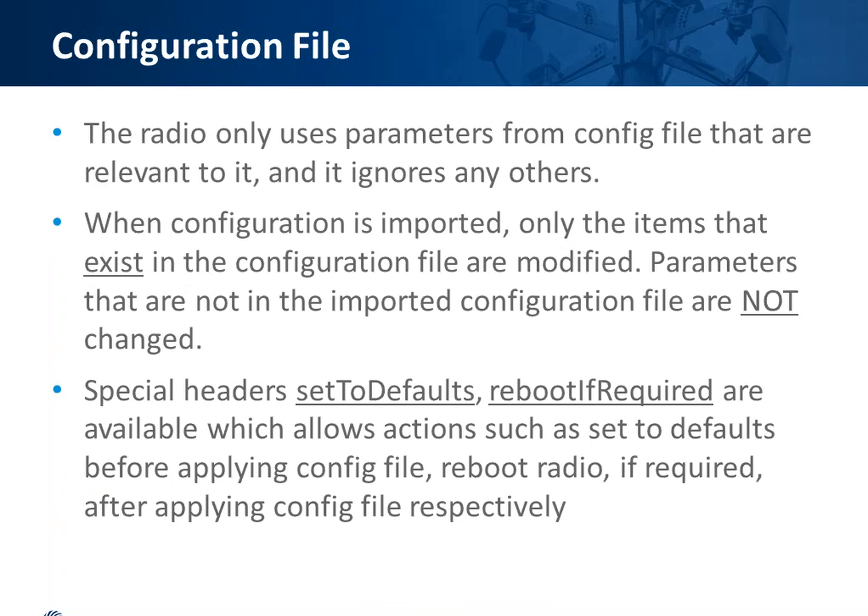If you only want to make a specific change to the radio configuration, you only have to put that specific parameter into the file. So you can make one change to all the radios in your network by uploading the same configuration file if that's the only thing you want to change. Parameters that don't appear in there are not changed at all.